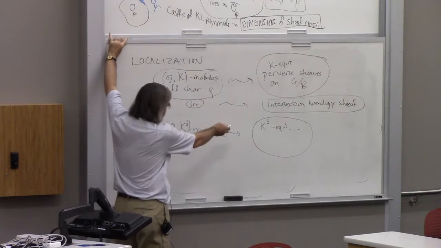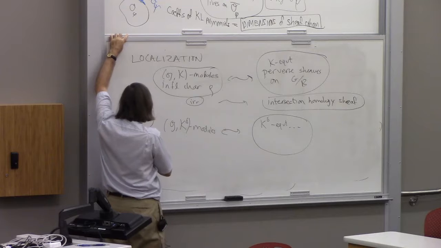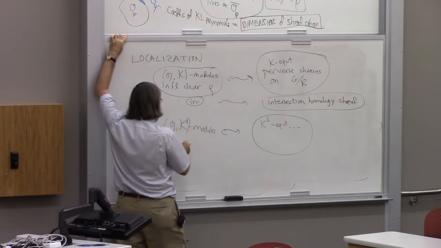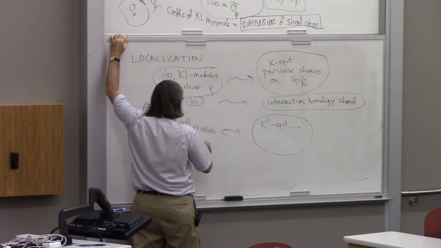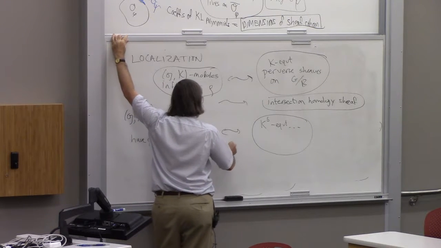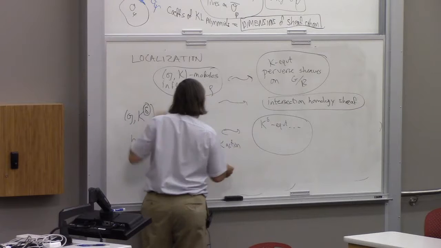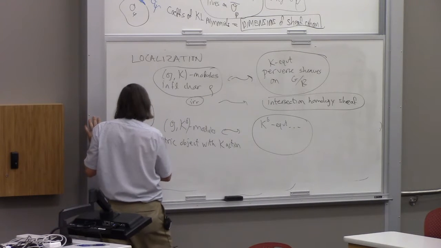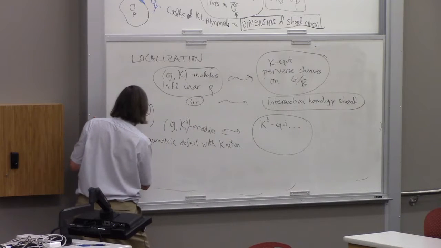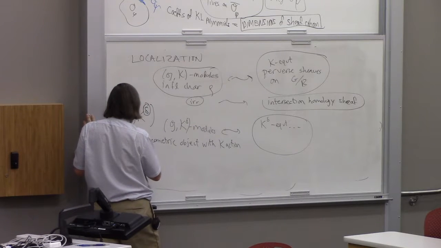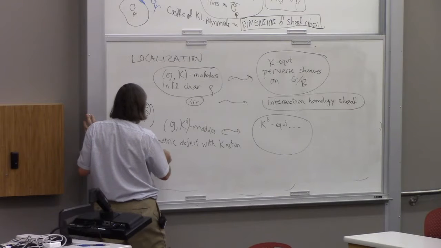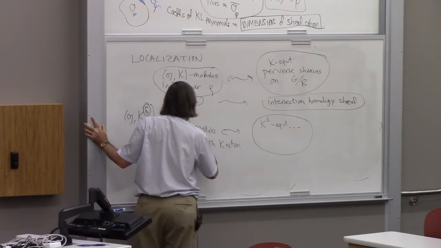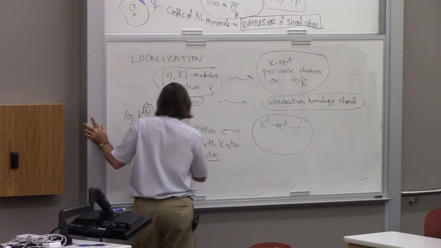All you're doing is you have this geometric object with a K action, and you need to extend it to a delta action.